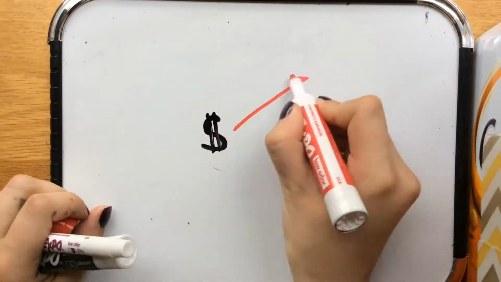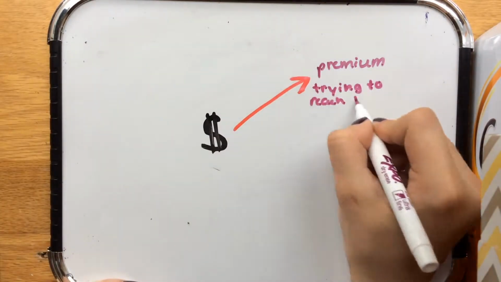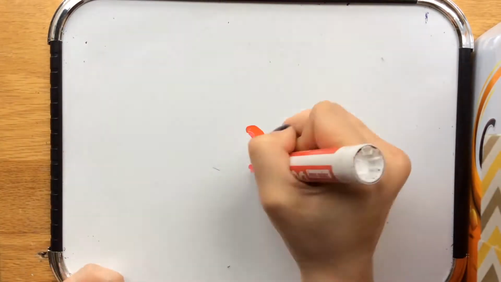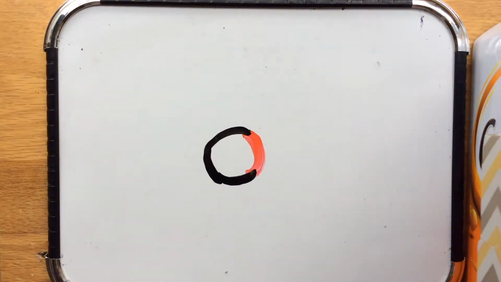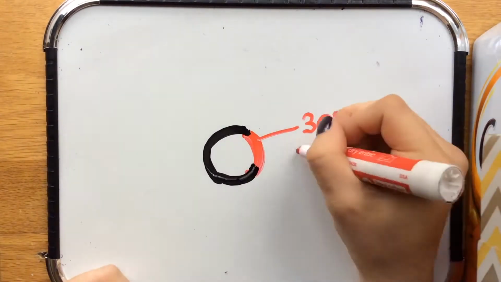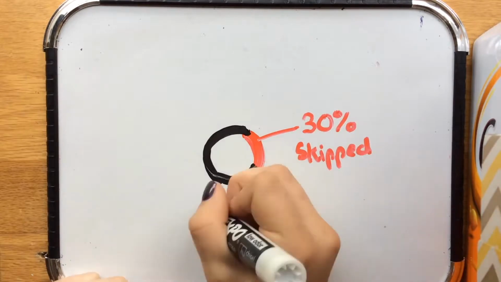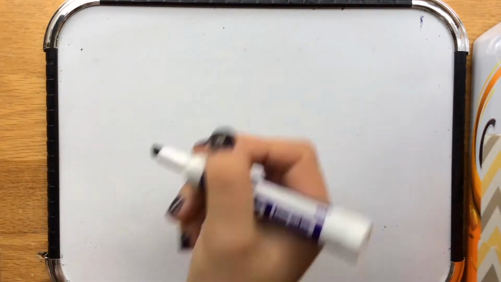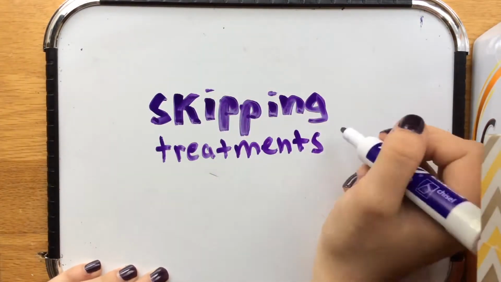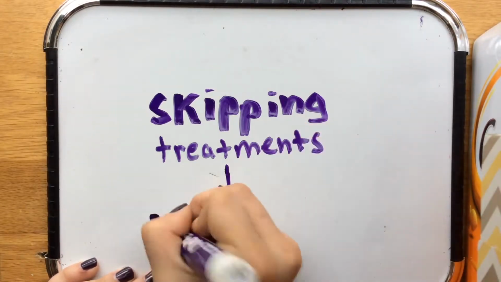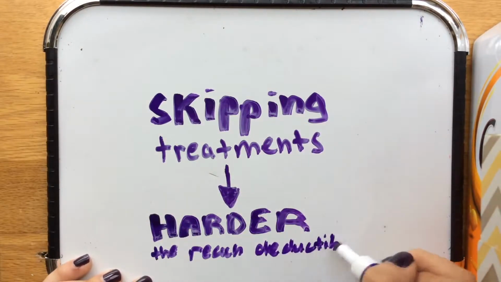All of their money is going to their insurance. So a lot of people turn to skipping treatments, and about 30% did in 2014. Skipping treatments, though, ultimately makes it harder to reach your deductible.